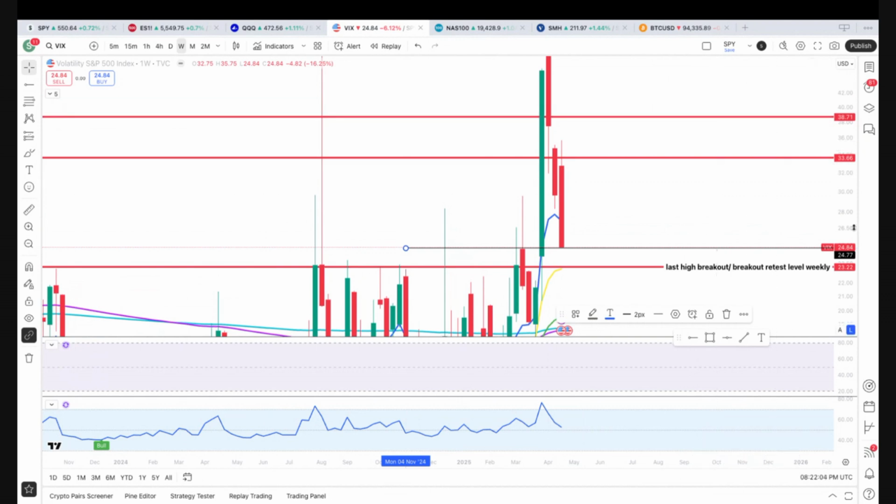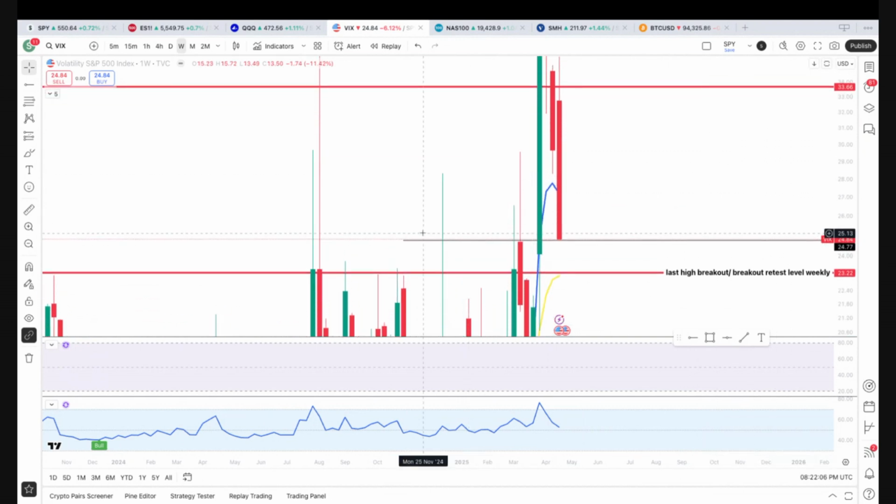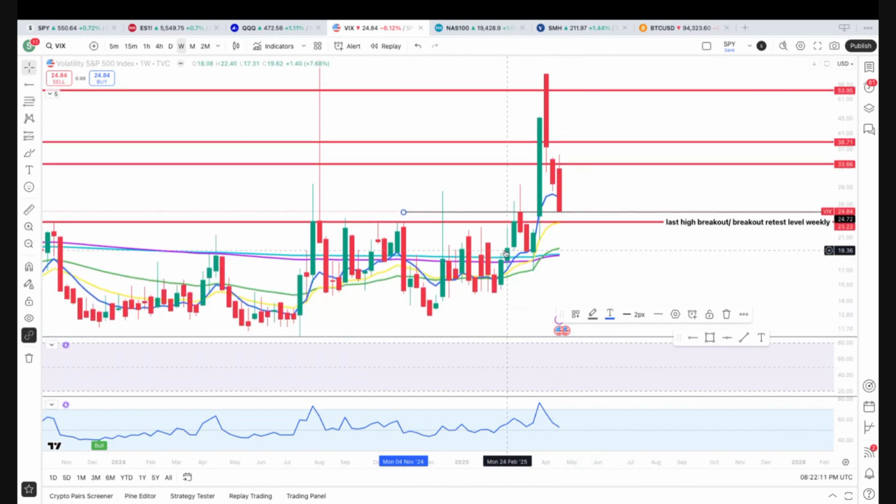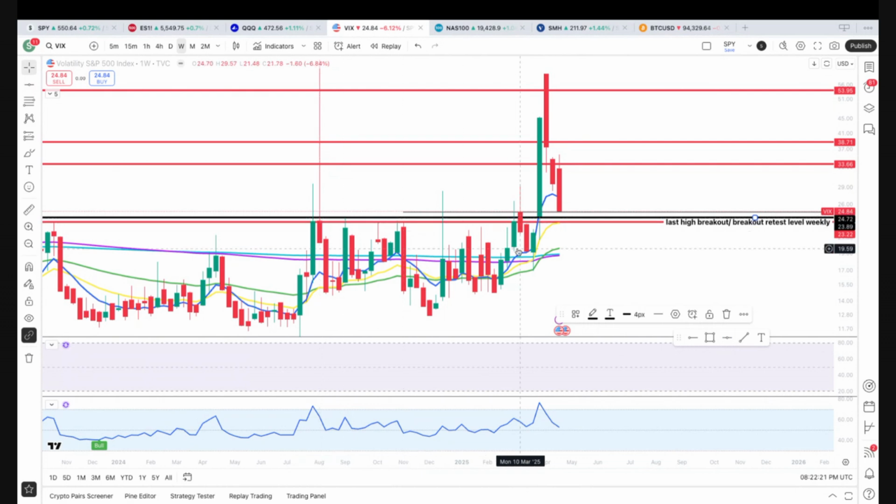Let me zoom in. We had all this consolidation, broke out from this level, made this high here, and we pulled back. There's actually a trend line here. Let me mark this trend line.